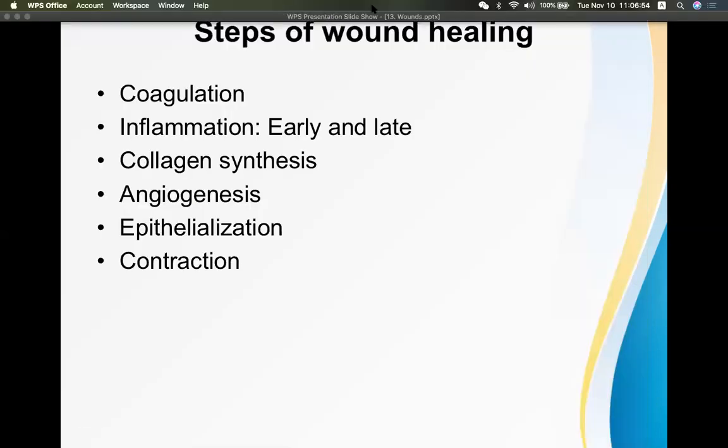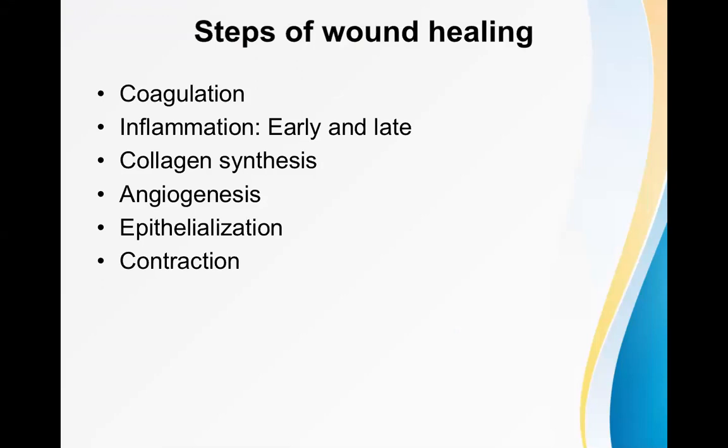Now let's move on to the second part of today's class. What are the steps of wound healing? Everybody should know about these steps of wound healing. Important question in the exam. Now the different steps are, it may start with coagulation in the beginning, followed by inflammation.